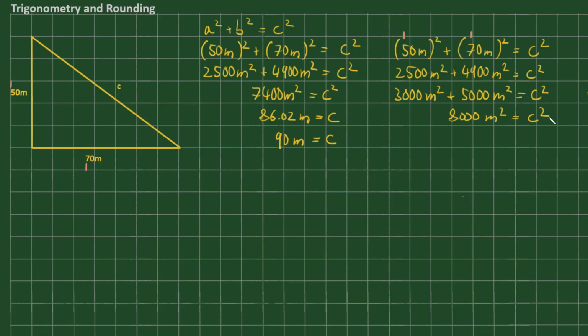Again, I'm going to take the square root of both sides. In this particular case, the square root of 8,000 is 89.44 meters. However, 8,000 has only one significant figure. Therefore, my result should be expressed as a value with one significant figure. 89.44 rounded to one significant figure will give me 90 meters.